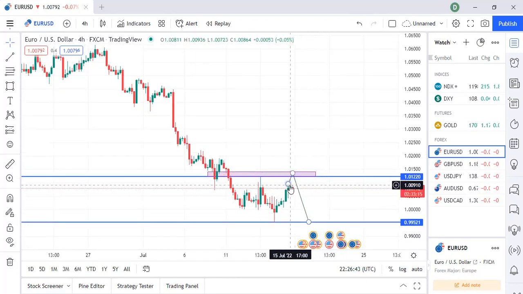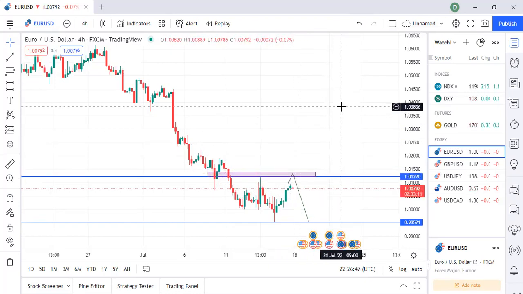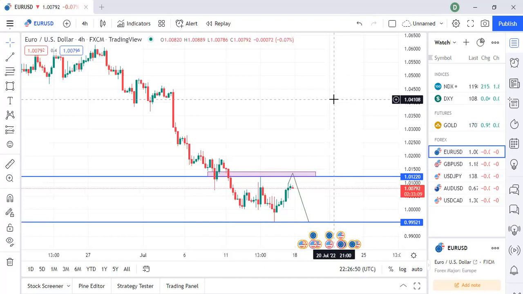Now, if Euro decides to break above and continue in an uptrend, then I'm not going to trade, because my bias for the week is to continue with the sell. If my bias changes for the week, it means I'm staying away from the market until I see my bias playing out.